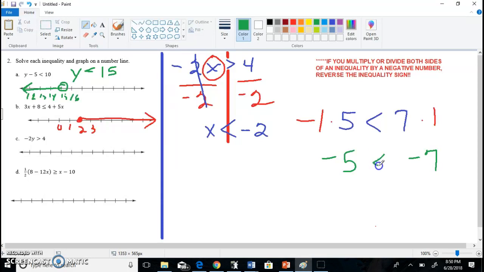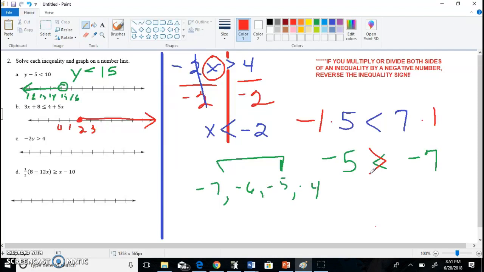Is negative 5 less than negative 7? No, it's not. Let's see, negative 7, negative 6, negative 5, negative 4. Negative 5 is definitely greater than negative 7. So we want to reverse that sign. So anytime you multiply or divide both sides by a negative number, make sure you flip the sign.